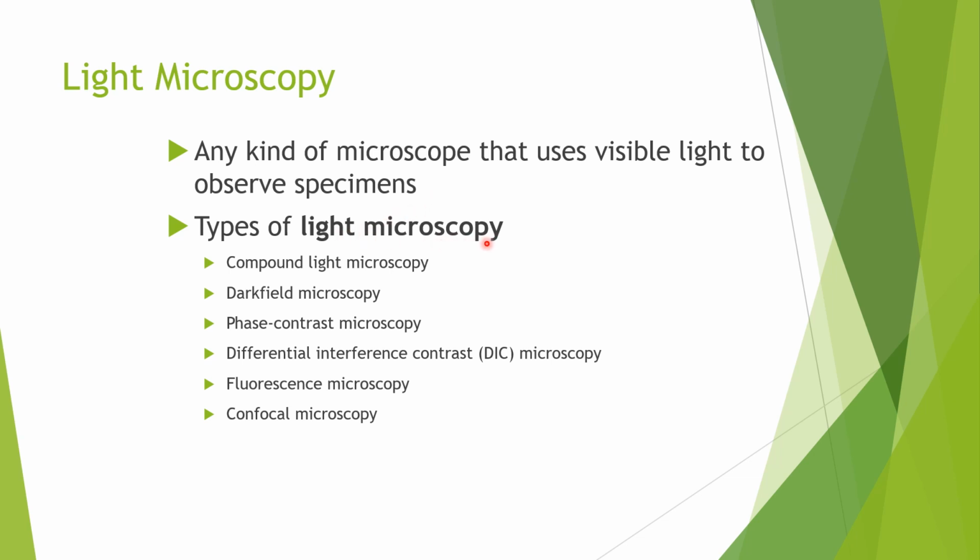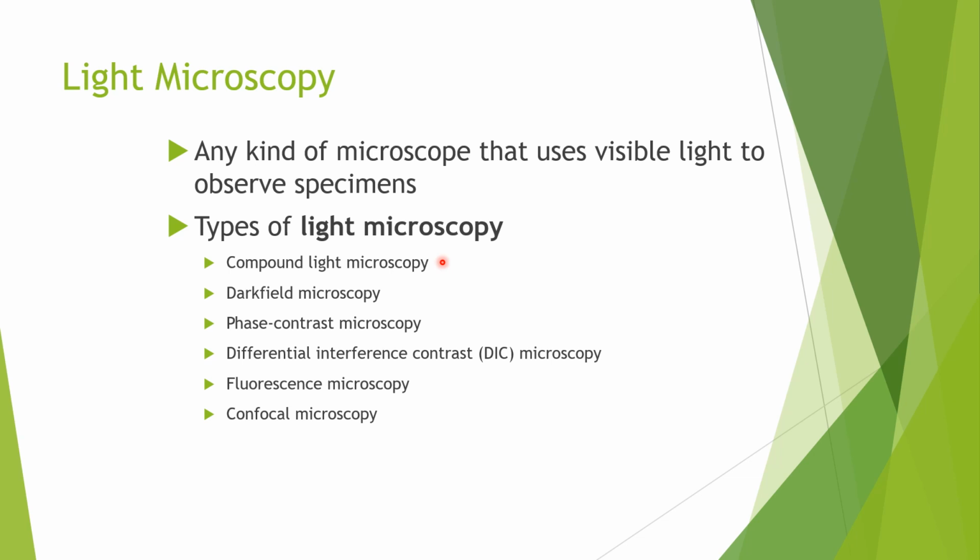Now it turns out that there are so many different microscopes out there, and they work differently. We have the compound light microscope. The compound light microscope is the most common light microscope that is used.